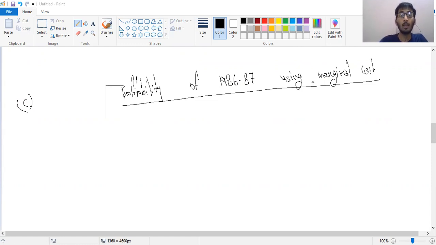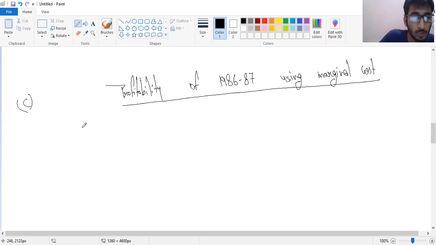How will we calculate the profit using marginal costing? If you forgot, marginal costing is where we consider primarily variable cost only. Fixed costs are usually not taken for the purpose of the calculations.